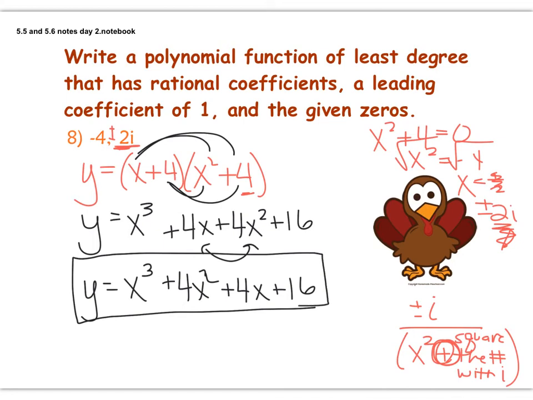Now, if you're thinking about checking this one on a calculator, if you graph it, it should cross at -4, and that's it. Remember, for any imaginary answer, it does not cross the x-axis. So the only place it should cross is at -4.